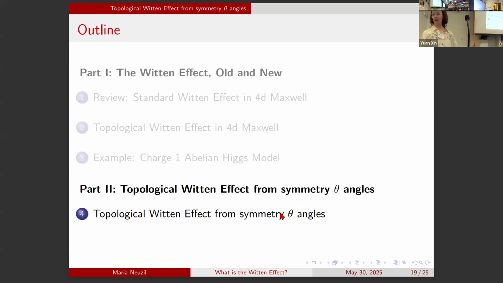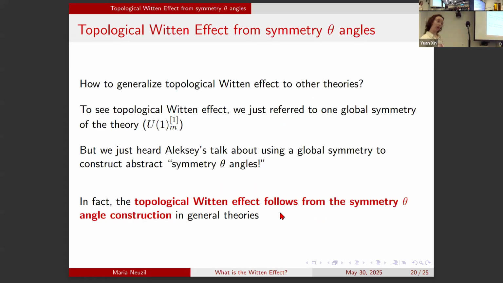So this has all been in Maxwell or Abelian-Higgs, but you might want to know how general all of this is. And in fact, this is where Alexi's talk starts to come in. To see the topological Witten effect, as I've just described it, all we really needed to refer to was the one global symmetry of the theory, the U(1) magnetic symmetry.